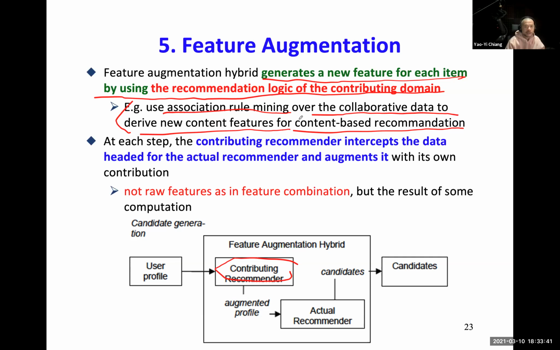Like we did before. At each step, your contributing recommendation system will intercept the data, augment it, and send it to the final recommendation system. And here there are no raw features as in the feature combination, but it's the result of some computation. I will show you what this means.